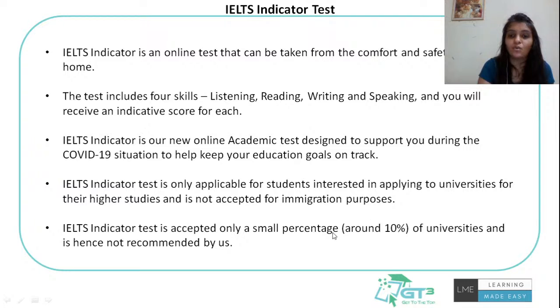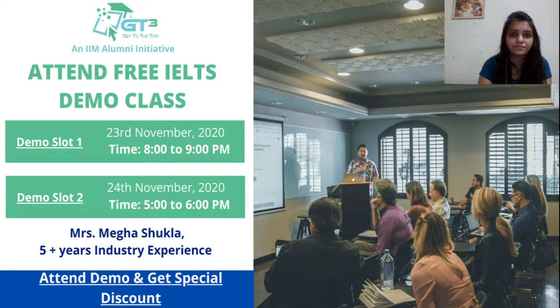Only around 10% of universities accept these results. When you submit your results and get admission, they always ask for the actual IELTS test, pen and paper or computerized, going to the center and attempting it. So we do not recommend taking the IELTS indicator test.